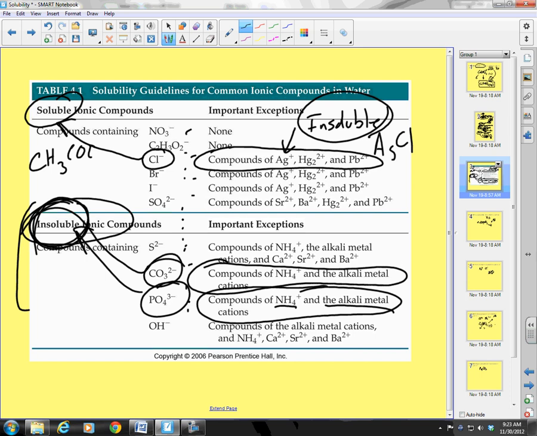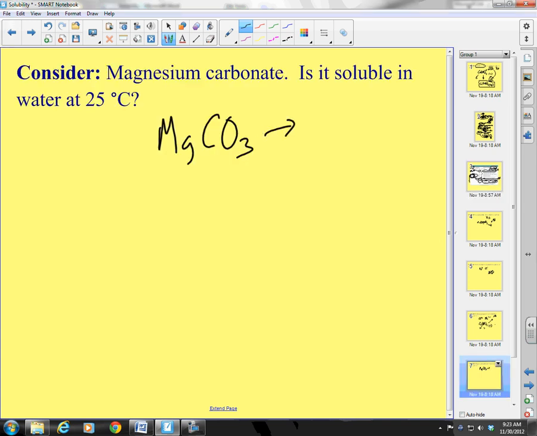Except ammonium and my group 1s. Where does magnesium fit? It is a group 2. So if it's a group 2, that means it would be insoluble. So magnesium carbonate is not soluble, and it would form a precipitate.